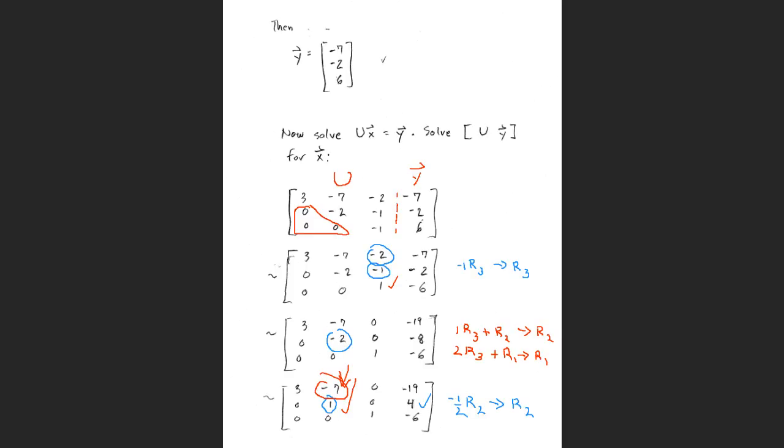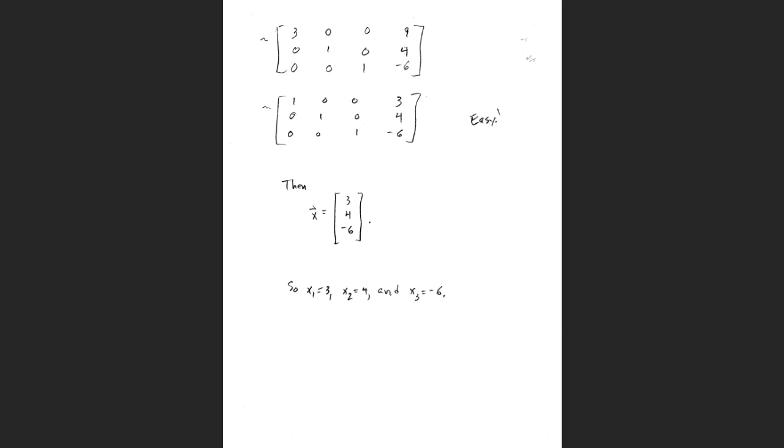We obviously took 7 times row 2 and added that to row 1 and replaced row 1 with the result. Easy to do, and now we get a nice augmented matrix, and we can solve for the vector x.